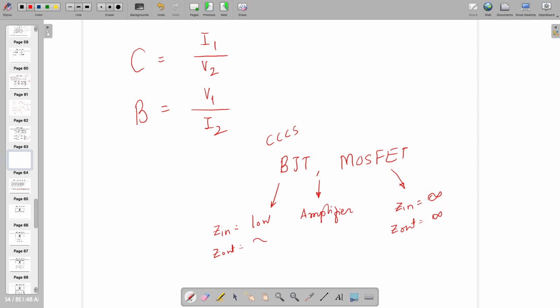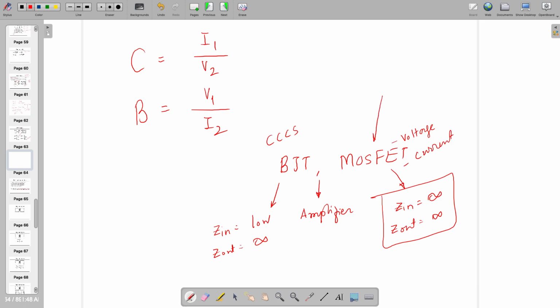The output impedance in both cases is infinite, but the input impedances are 0 and infinity. So if this is the case, what is the input? Input is voltage and output is current.